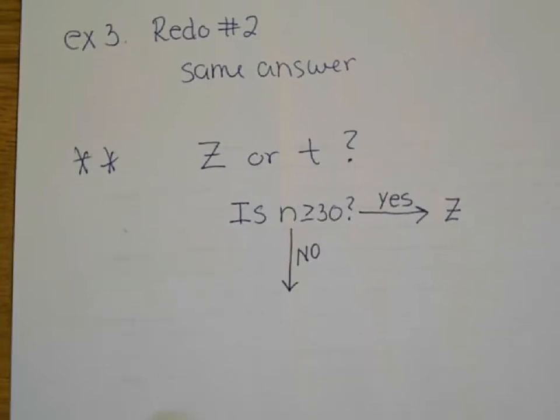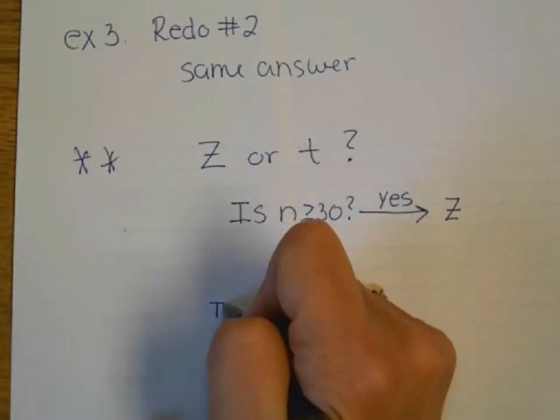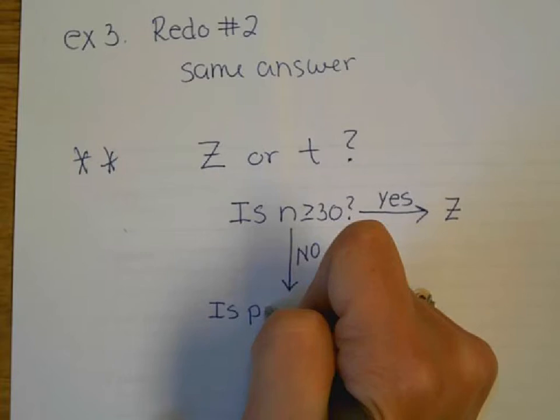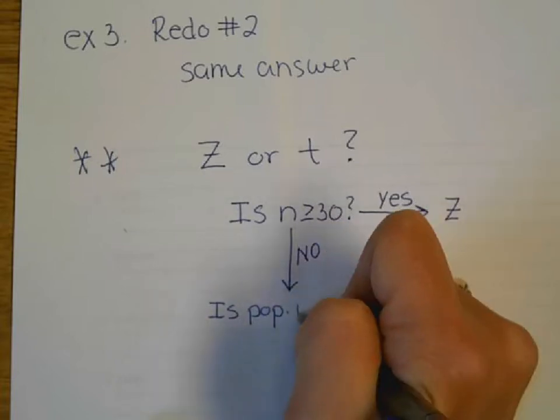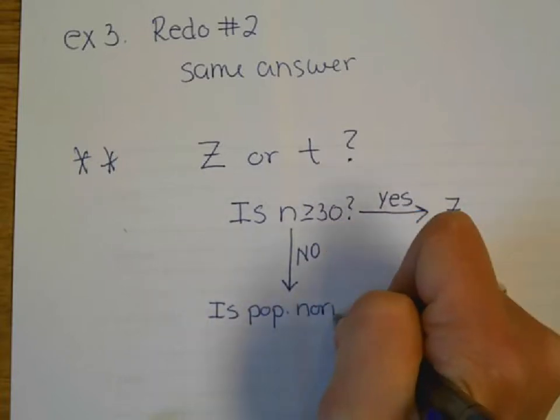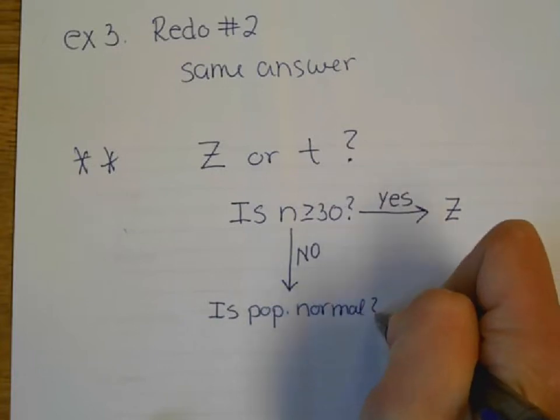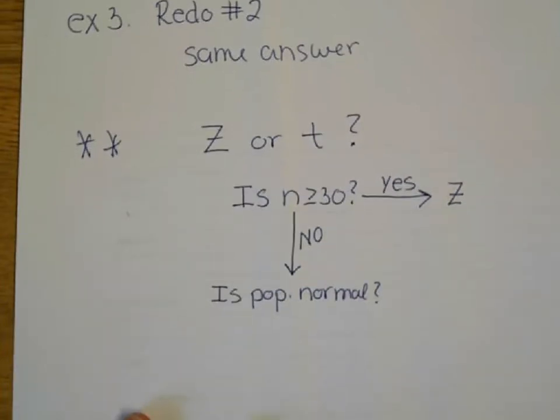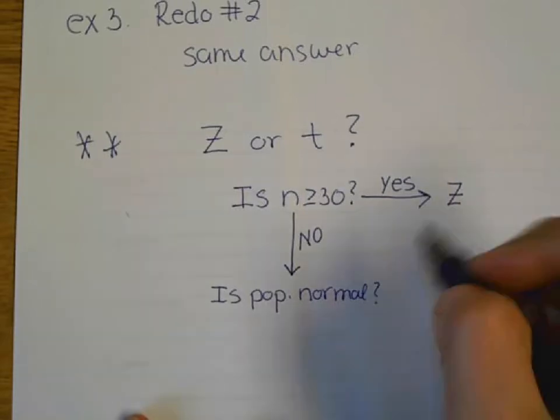you have to ask yourself, now you've got a small sample under 30. The very first thing you need to look for is: is the population normal? Just like we did with the coffee. There were 16 restaurants. I told you to look anywhere in there. Does it say it's normally distributed?